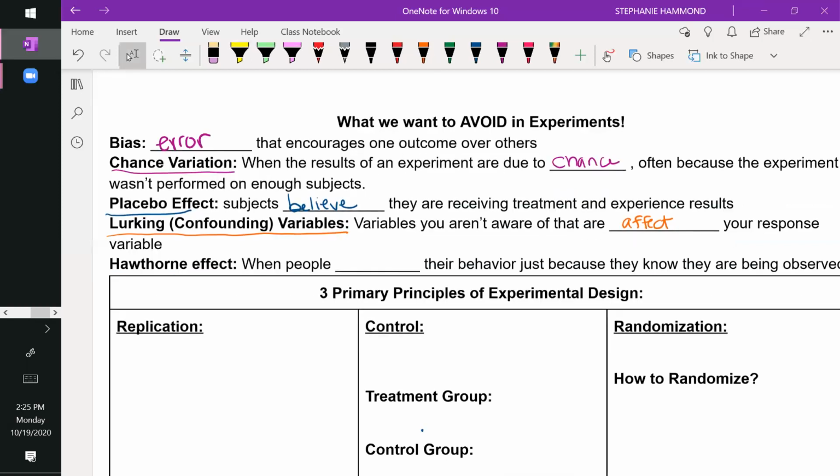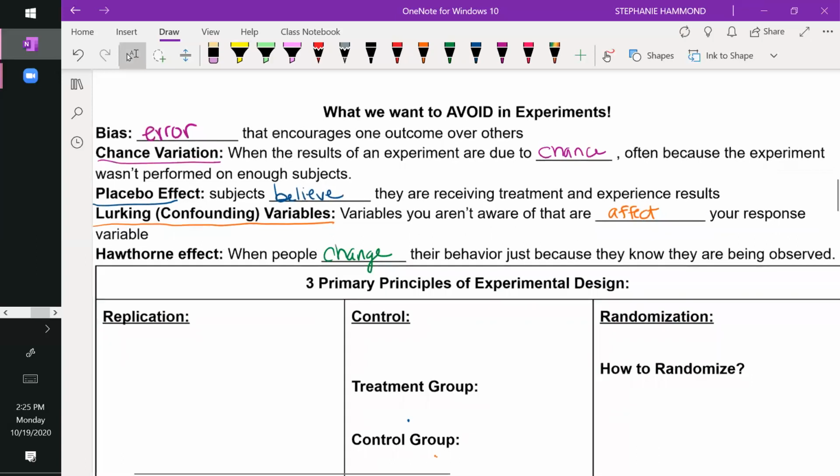The next thing is the Hawthorne effect. The Hawthorne effect is when people change their behavior just because they know that they're being observed. For instance, if a teacher is teaching the way that they normally do every single day, but then the principal walks into their classroom, they tend to act a little bit different. Students do the same thing.